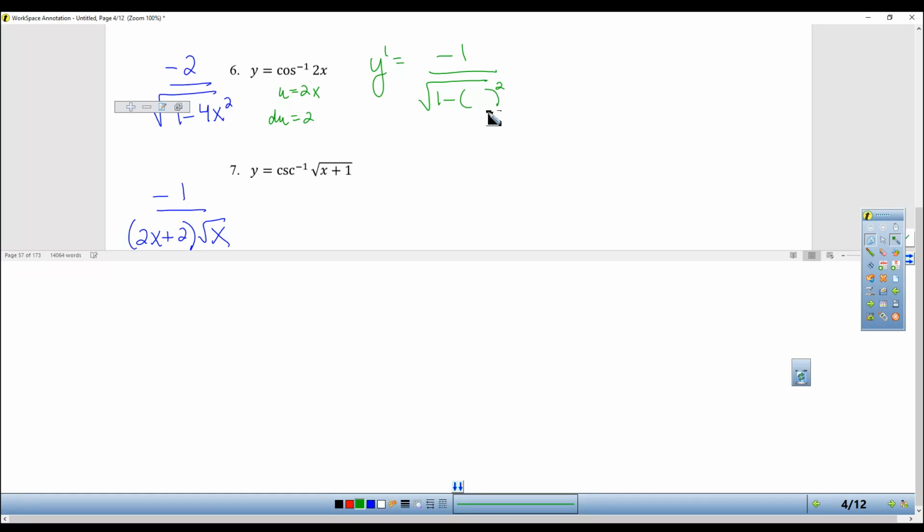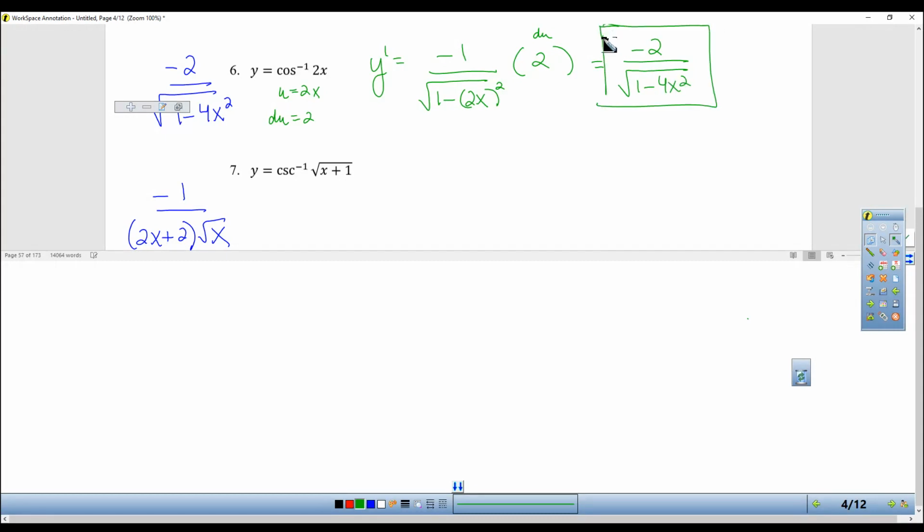So you square the whole thing, put the parentheses first, and then put your u in, times the derivative of u. So times the derivative of the inside, which is 2. This gives me negative 2 over the square root of 1 minus 4x squared.